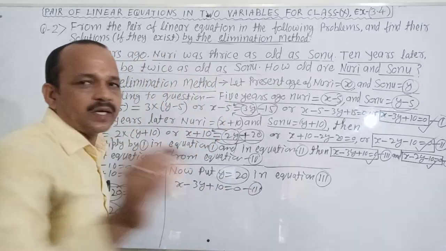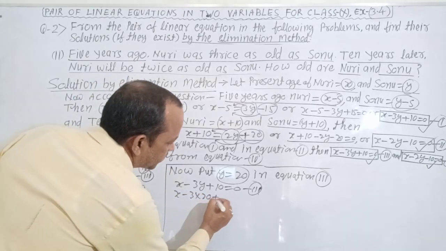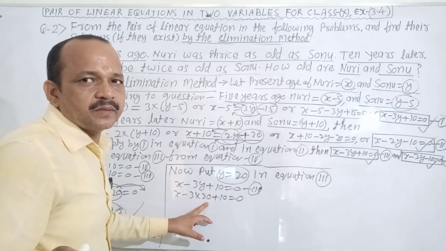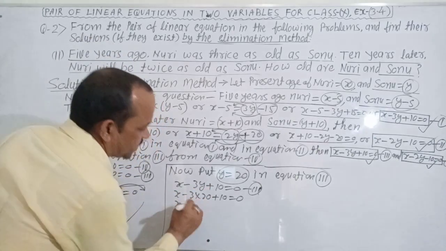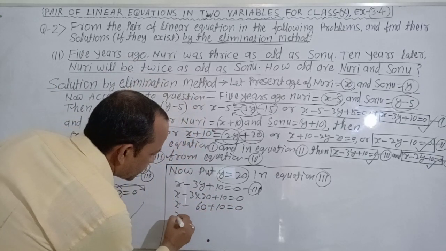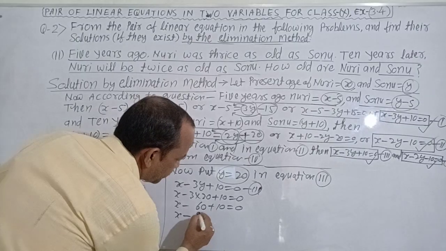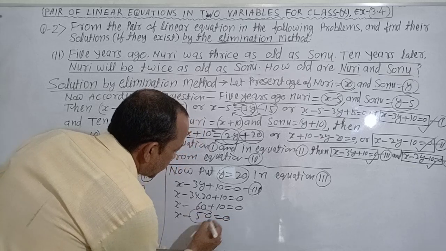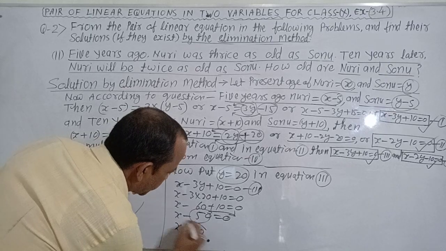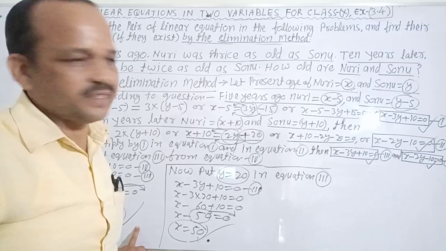It becomes x minus 3 multiply 20 plus 10 equal to 0. Clear? Here y equal to 20. It becomes x minus 60 plus 10 equal to 0. Minus 60 plus 10 becomes minus 50. Write minus 50 on the right side of equal. It becomes x equal to 50. You find x equal to 50, y equal to 20.